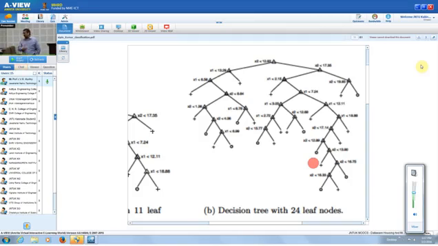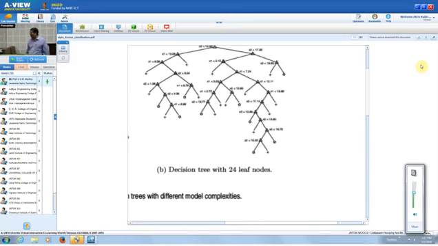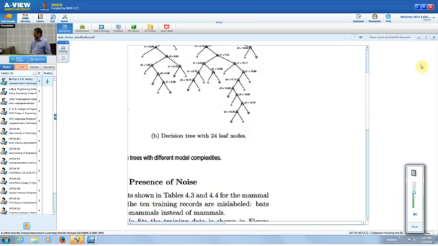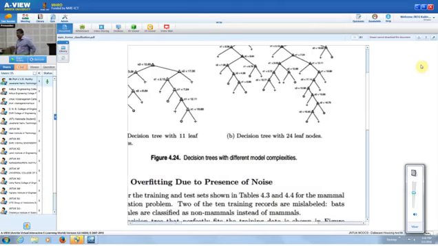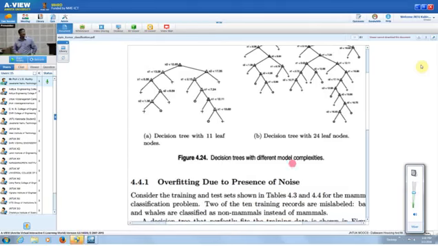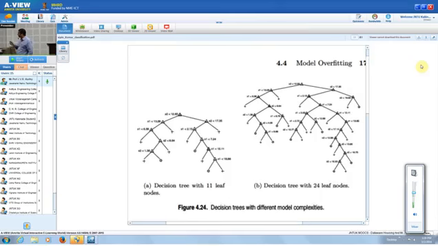This causes the error there. Now what happens is, if you look at these two trees, the first tree with 11 leaves, though its training error is more, has yielded better testing results outside. Remember what I'm saying?